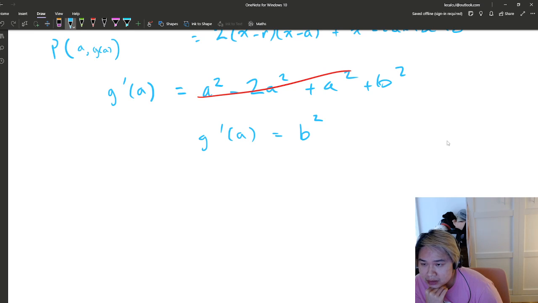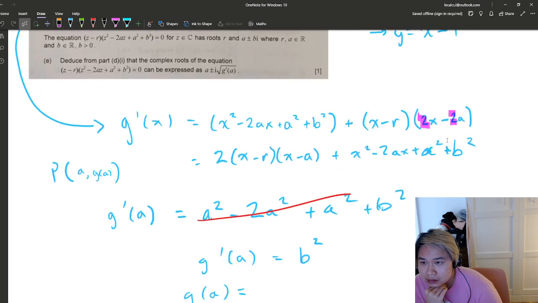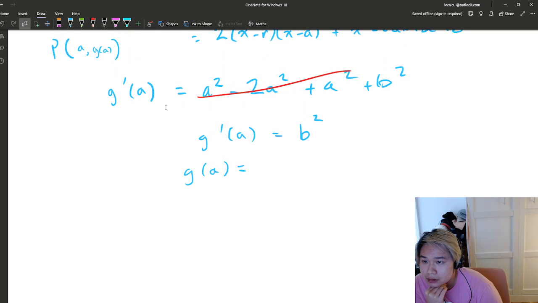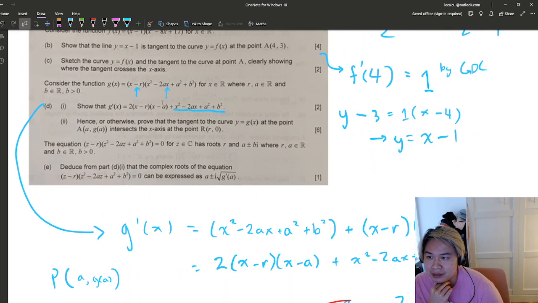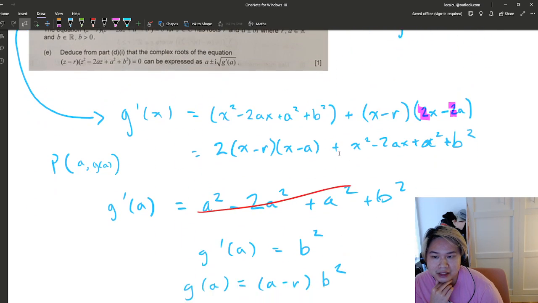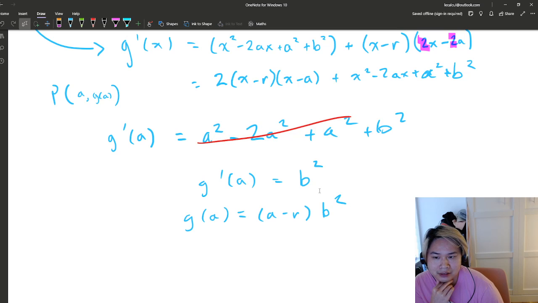Now, what is G at A? G at A is going to be A minus R times B squared. This is because I'm plugging in A into this part, which I already did right here in this part, so I already know it's going to be B squared.